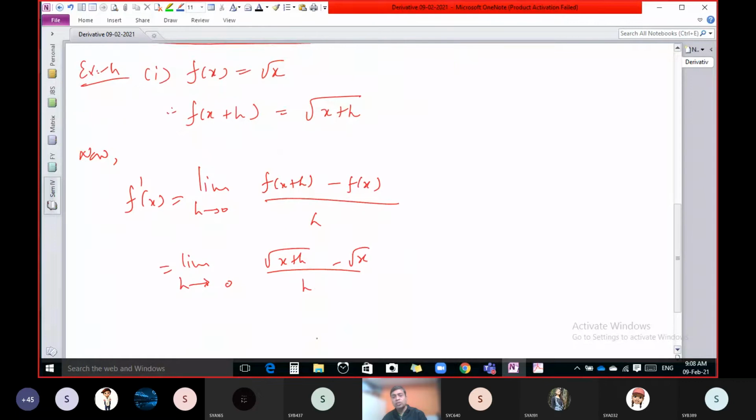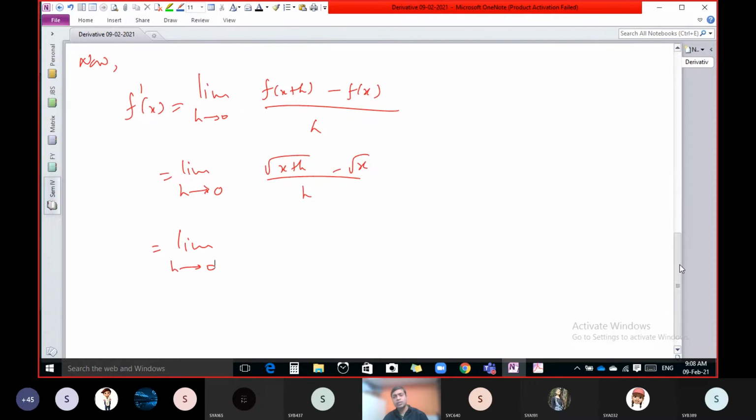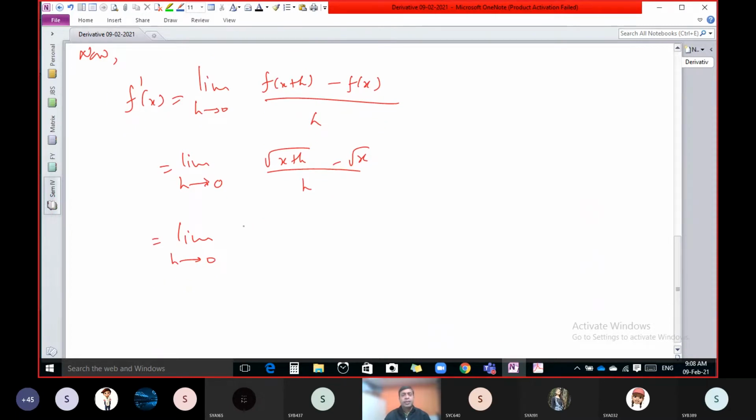Now any of you know how to solve this question? Now it is a question of limit only. What do we have to do in this? Any of you know what is our required step for this?